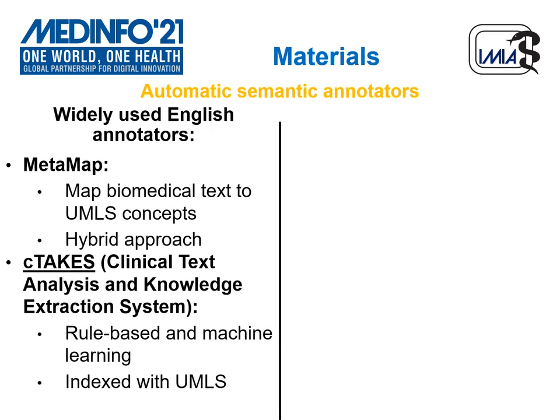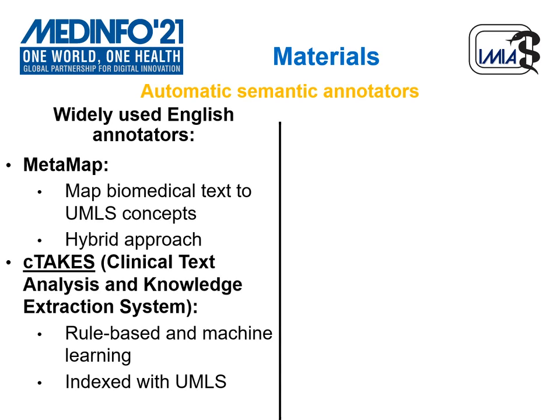So as materials, we have been using two widely used English annotators. The first one is MetaMap. It's a system developed by the National Library of Medicine to map biomedical text to UMLS concepts. It is based on a hybrid approach combining natural language processing, knowledge-intensive approach, and computational linguistic techniques, and it maps the concepts to the UMLS CUI.